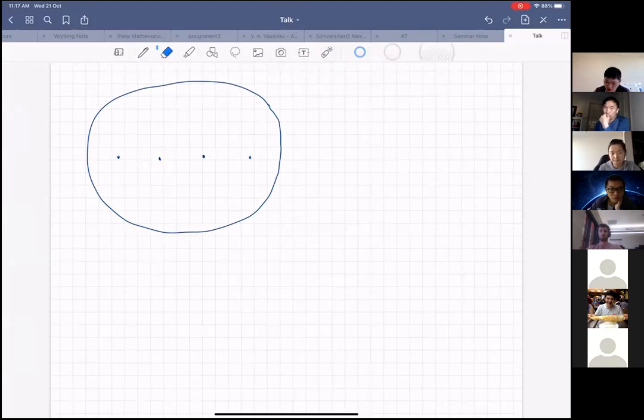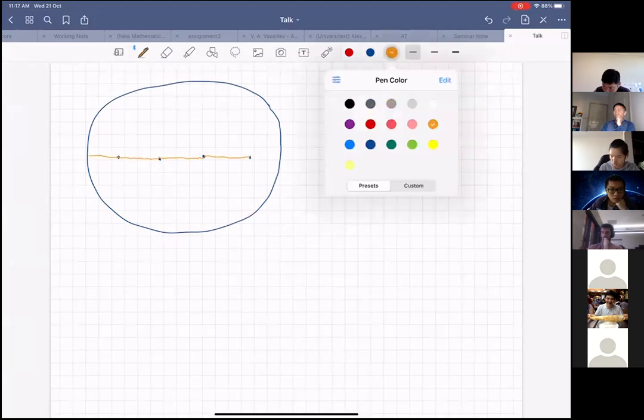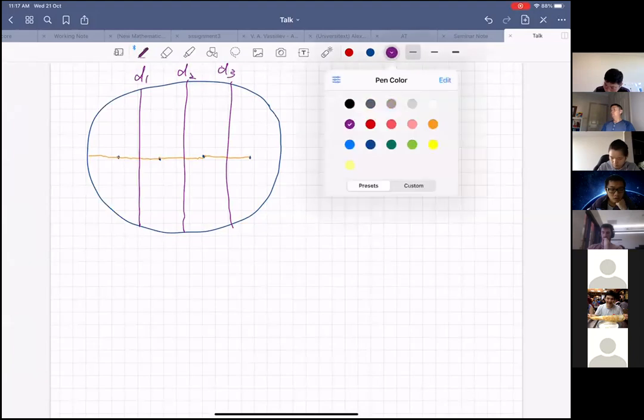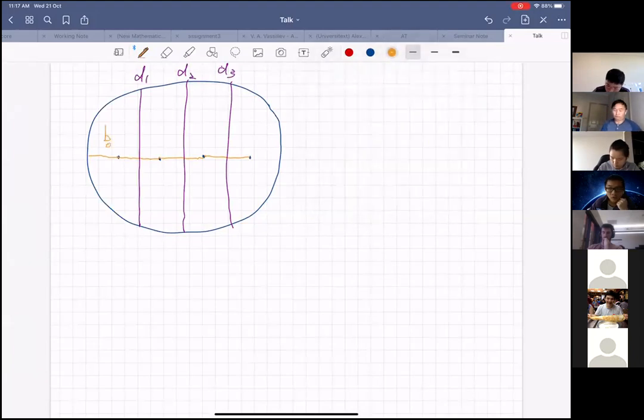I just need to tell you how I lift these. Let's call them D1, D2, D3, and then B0, B1, B2, B3. Actually, I just need to tell you how I lift this one, and that is enough to lift the whole thing into P tilde.